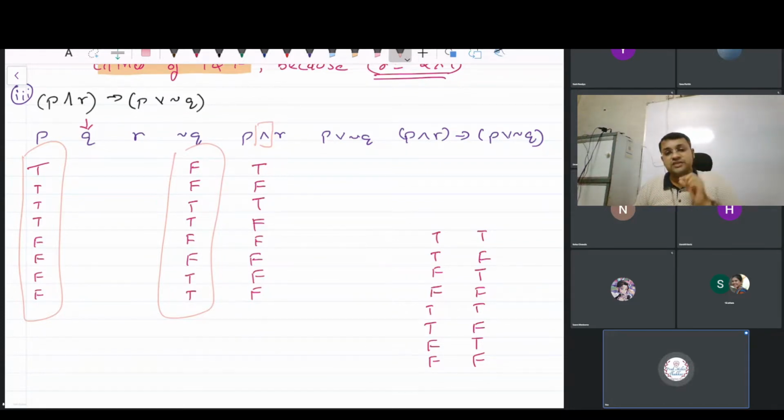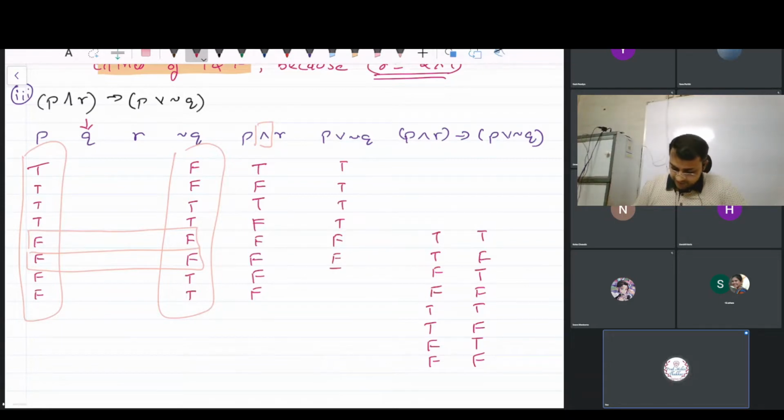But if any one statement is true, I want the answer to be true. I have to find out those conditions where both are having the false values. So is there any one available over here? Yes, it is this and it is this. So in these two places, I will write the value as false. And my friends, the remaining entries have to be true.